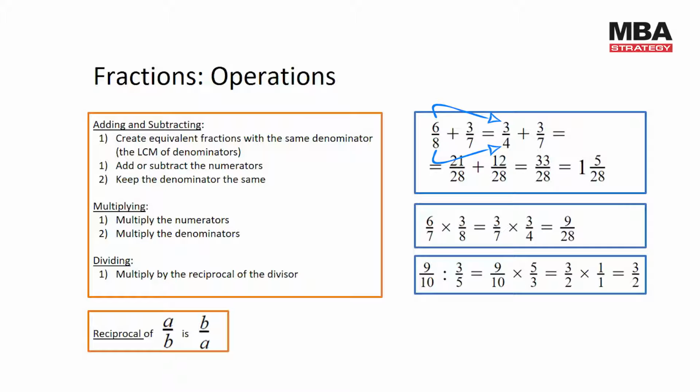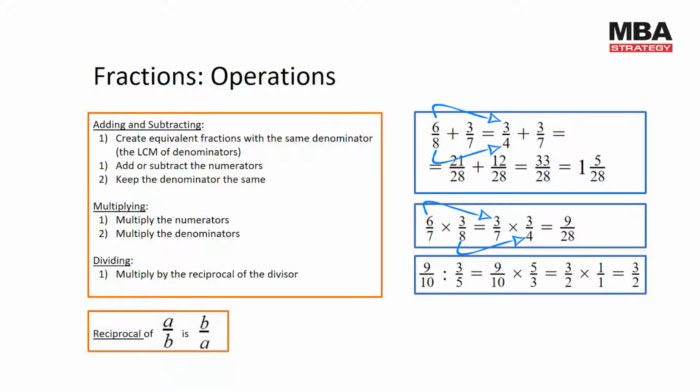And before I rush into multiplication, I see that there is 6 and 8, and they both can be divided by 2. So I divide 6 and 8 by 2, I get 3 and 4 respectively, and then now I need to multiply 3 over 7 times 3 over 4. And now I only multiply 3 and 3, 7 and 4 to get 9/28 as a result.